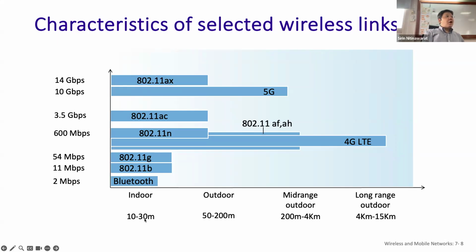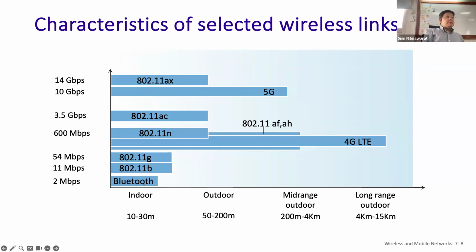Of course, like the cellular technologies, Wi-Fi technologies come in many generations as well. For cellular technologies, you have 2G, 3G, as some of you just mentioned, and then 4G, and now 5G going to 6G.